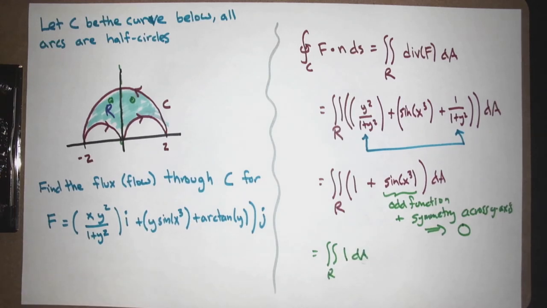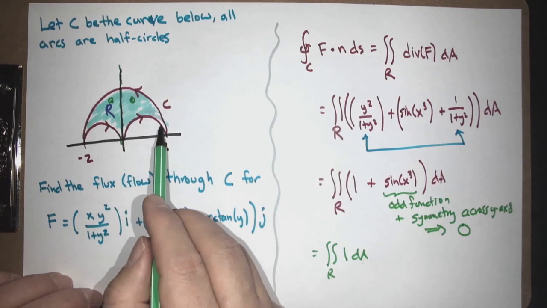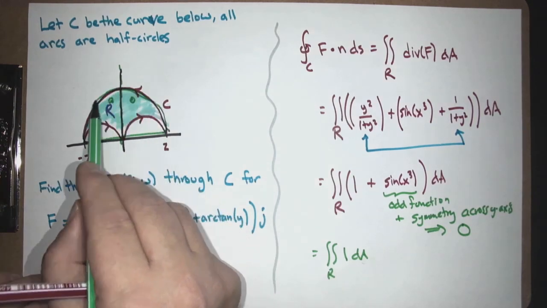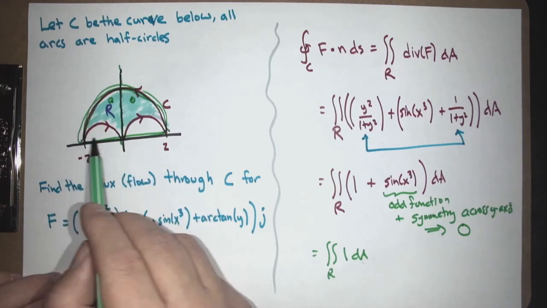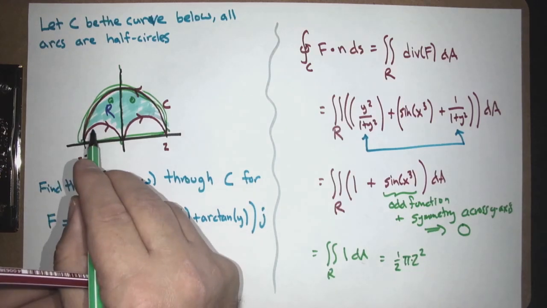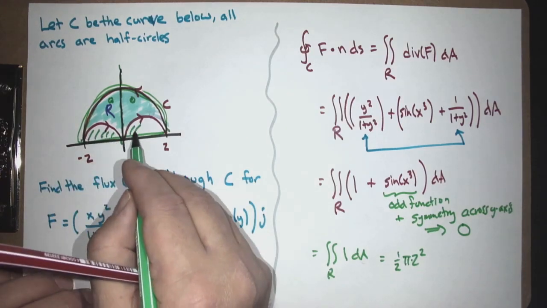Now, how do you integrate 1 over a region? Find the area. Okay, so what's our area? Well, think of it as half a circle of what radius? So half a circle of radius 2, but that's not right because there's these pieces, so what do we need to do?